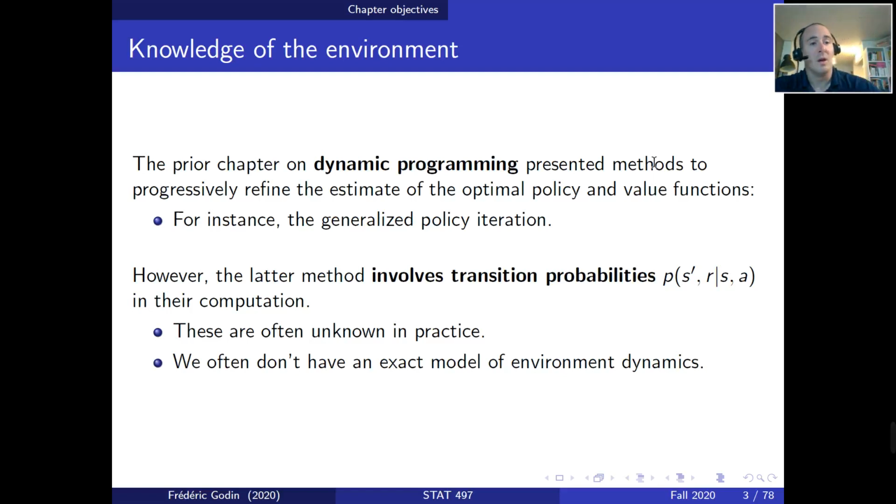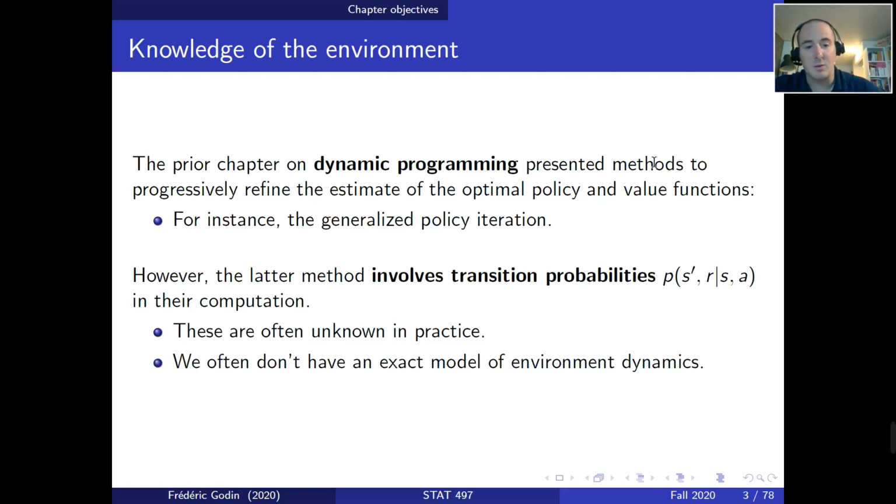So you start with some policy, you refine your estimate so that your value function looks more like the one associated with your current policy, and then from this new value function estimate you build a new policy with the policy improvement approach we discussed in the previous chapter.